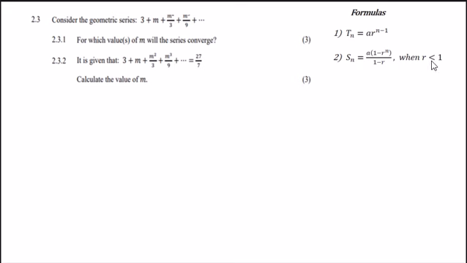Sn represents your sum. This one is the same as the other, but the difference is that we use this one when r is less than 1, and the other one when r is greater than 1.